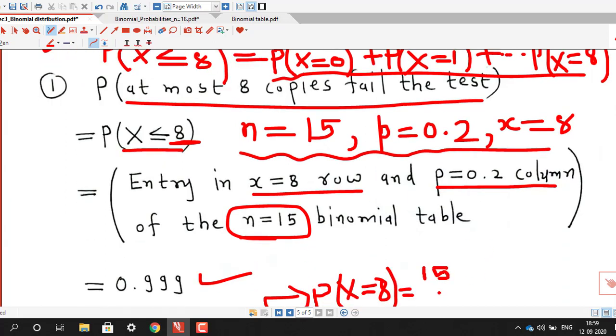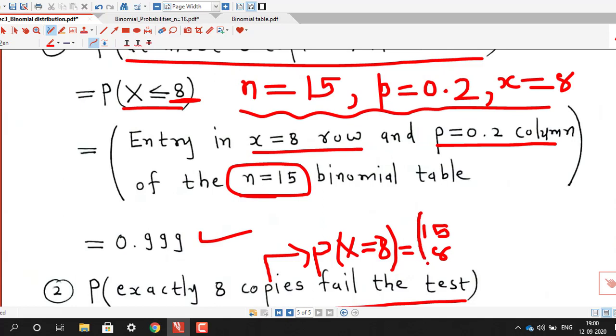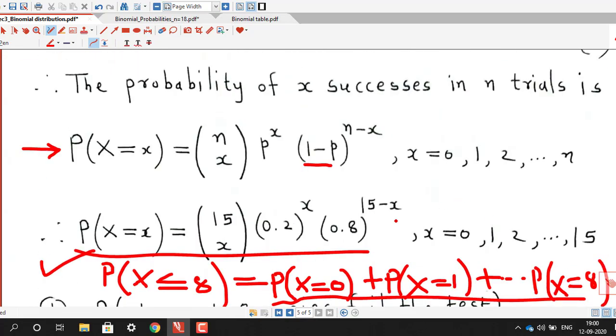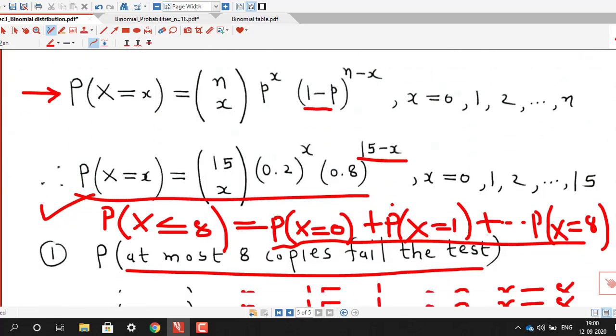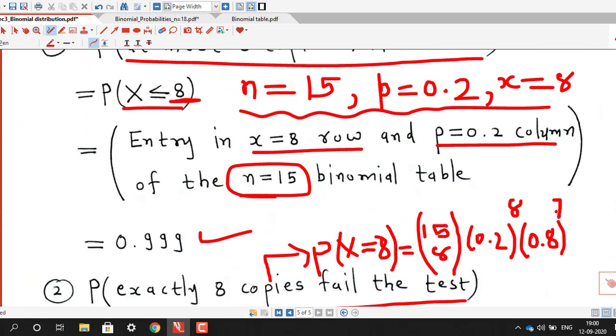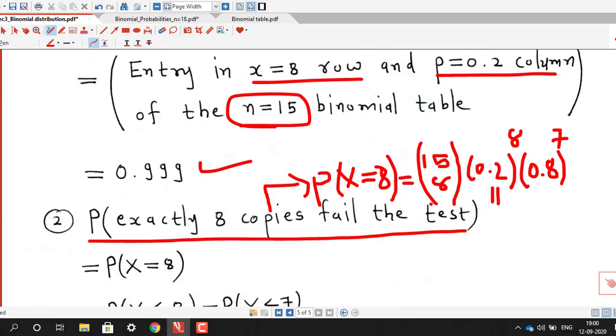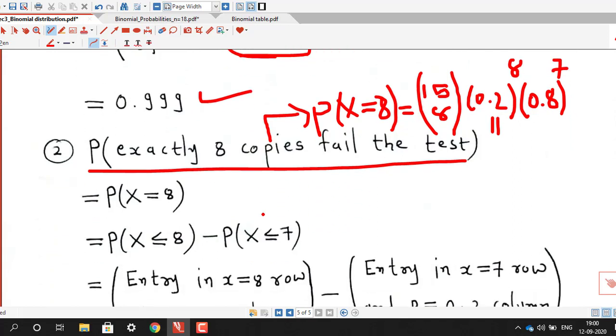So x is 8, so 15C8, and 0.2 raised to 8, and 0.8 raised to n minus x. Here we put x equal to 8. So 0.8 raised to 15 minus 8, that is 7. So 0.8 raised to 7. And using calculator you can find out this value. Okay, but I have not gone in this way. I have done this using table.